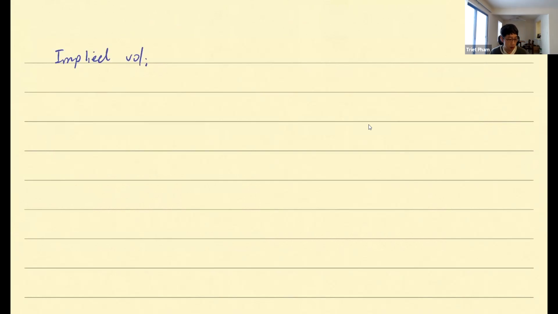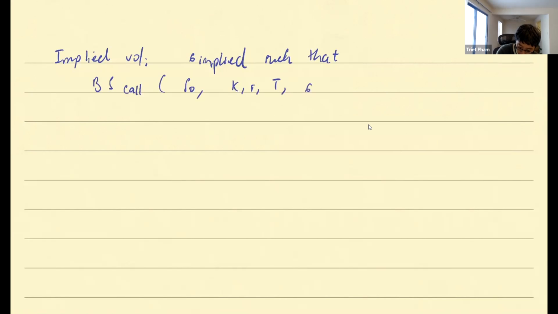It's interesting, as an exercise, to see that finding the implied volatility is not just about the sigma implied, such that the Black-Scholes formula, for example, with S0, K, R, T, and sigma implied is equal to the call option market price.